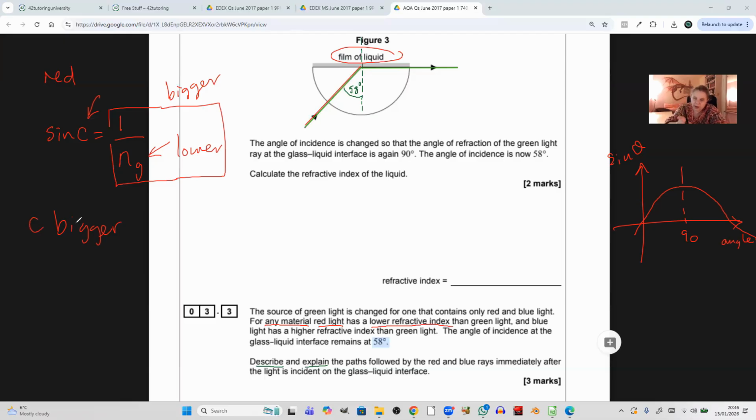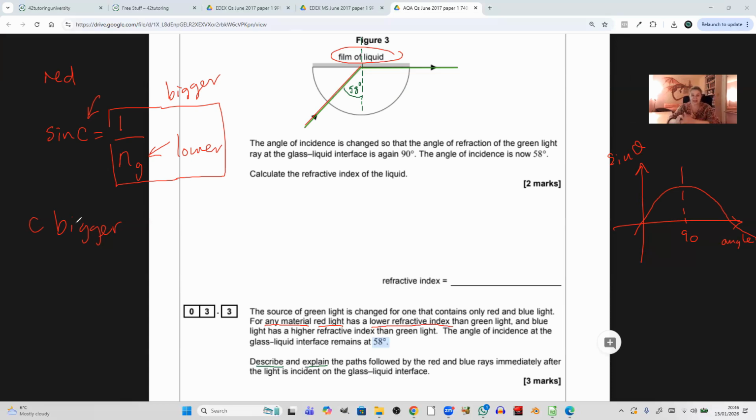Now, if my ray comes in at 58 degrees, but the critical angle is bigger than that, what will happen to the refracted ray? Do you get total internal reflection if your angle of incidence is bigger than the critical angle or smaller than the critical angle? Bigger.